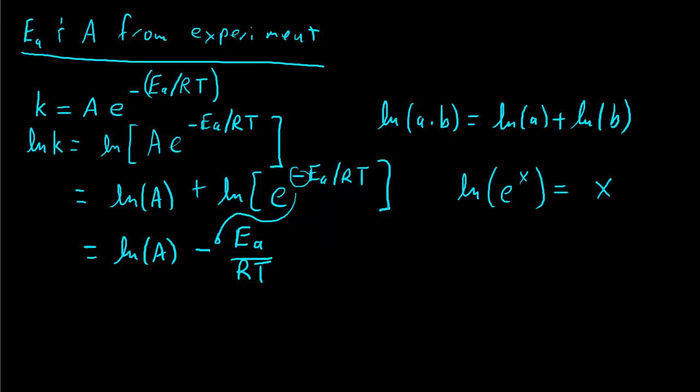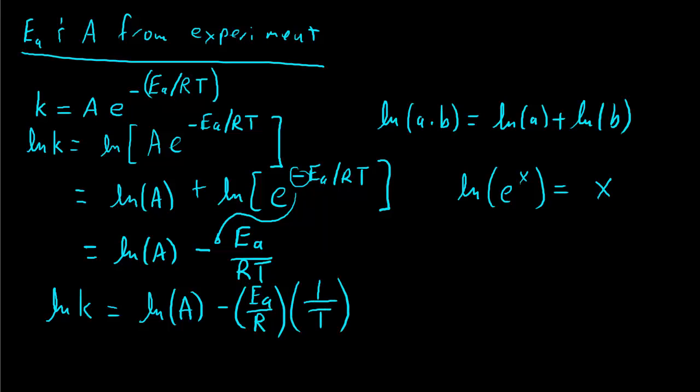Okay? So I'm going to rewrite this one last time. So we've got natural log of k on the left-hand side equals natural log of A minus the quantity EA divided by R. Those are just constants. And then we have 1 over T, and in principle, temperature could vary. So if we look at this, we might recognize a particular mathematical form.